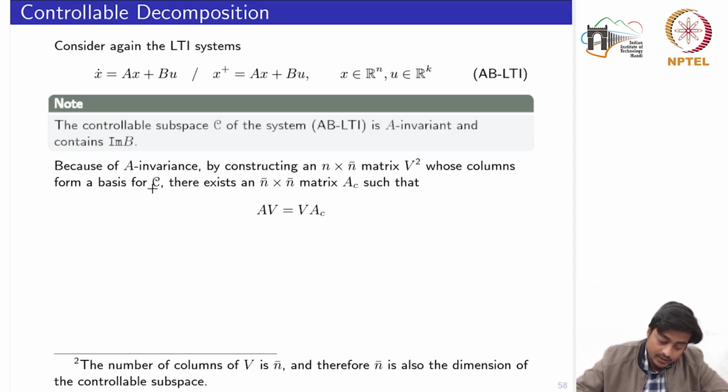This is one of the first properties of any linear subspace being A-invariant, or any matrix invariant. Here it's A. So there exists an n bar cross n bar matrix AC such that AV is equal to V into AC.